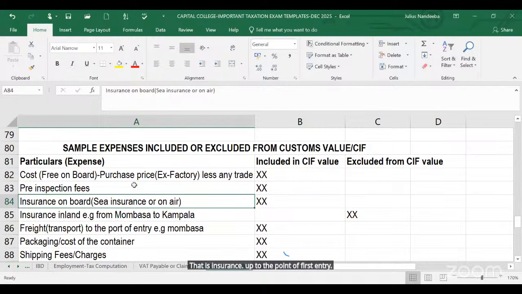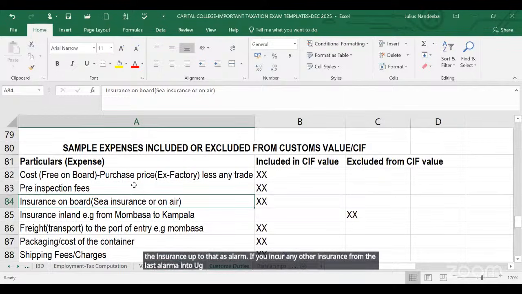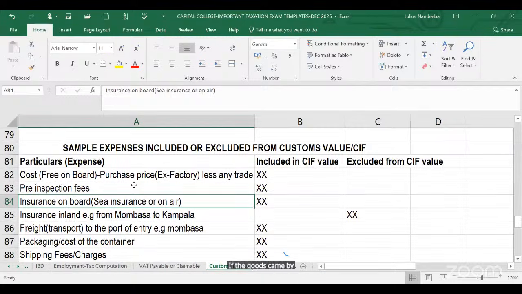Now I want to warn you, if these goods are coming on ship, the first entry is Mombasa or Dar es Salaam. So we are talking about the insurance up to Dar es Salaam. If you incur any other insurance from Dar es Salaam into Uganda, that is outside. If the goods came by air, the first entry point is the first airport in East Africa.